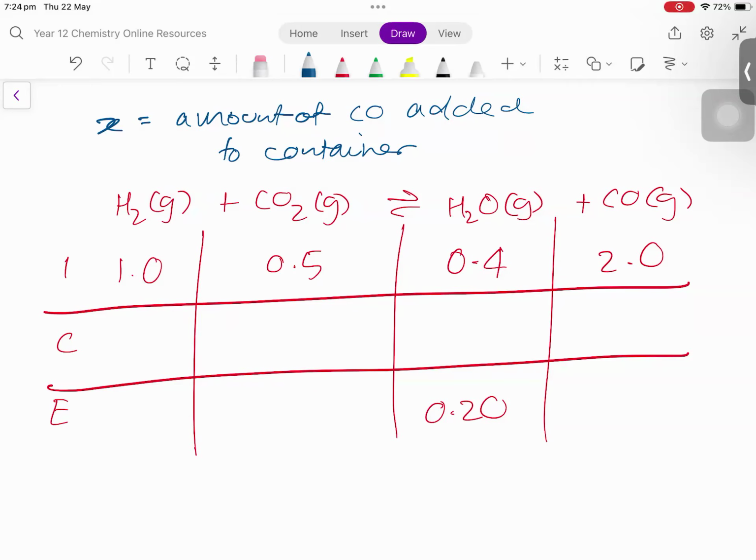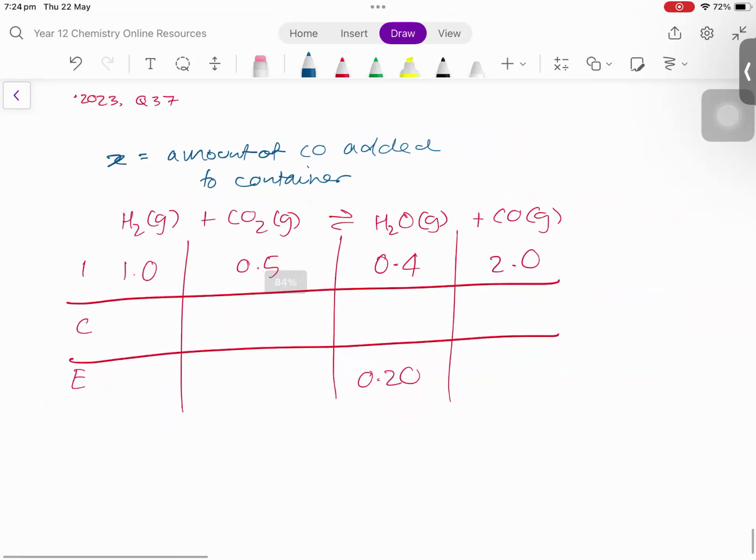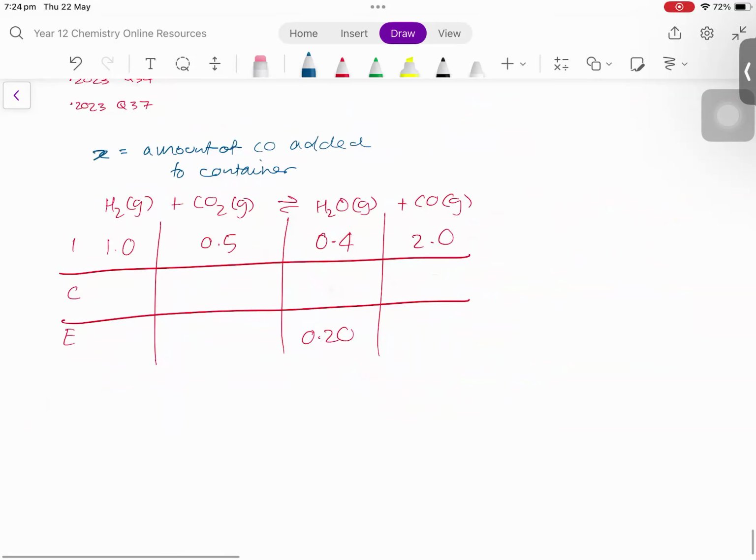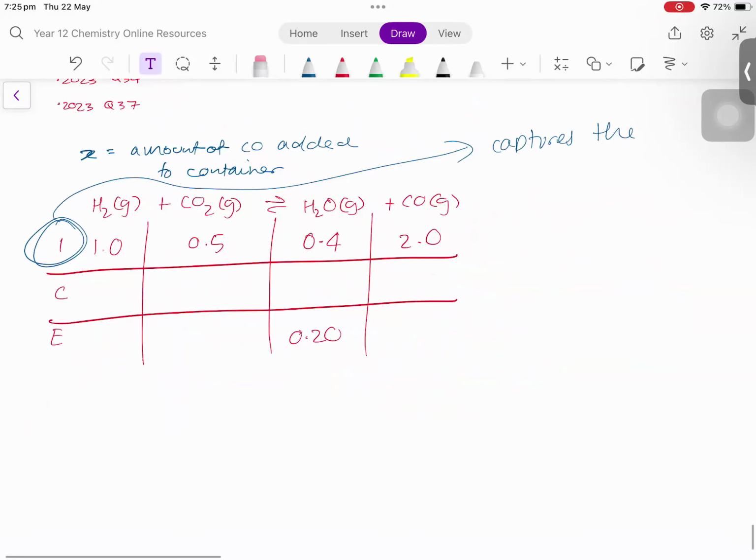Yeah, pretty much. When students read this question, they get confused between the change that the system does and the change that we do. So guys, what I want you to keep in mind is that the initial captures any changes imposed. Let's put it that way.